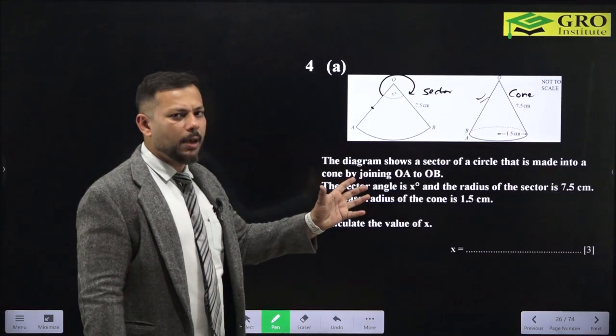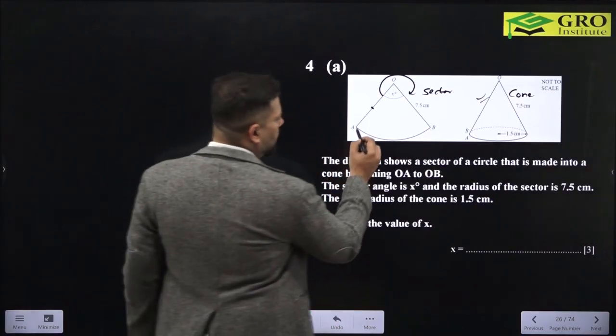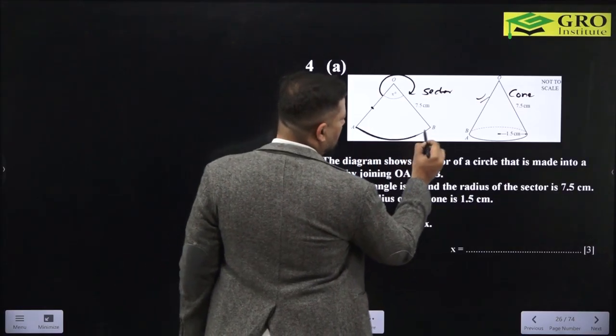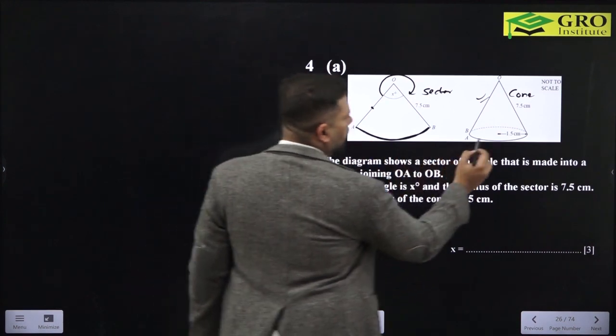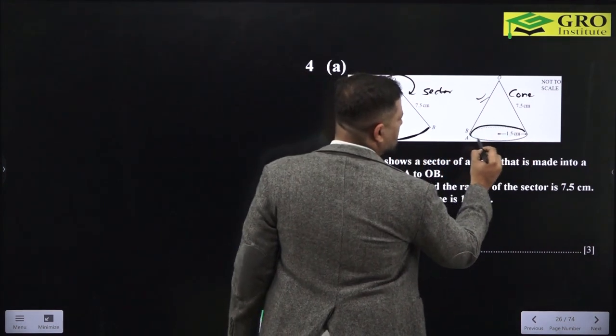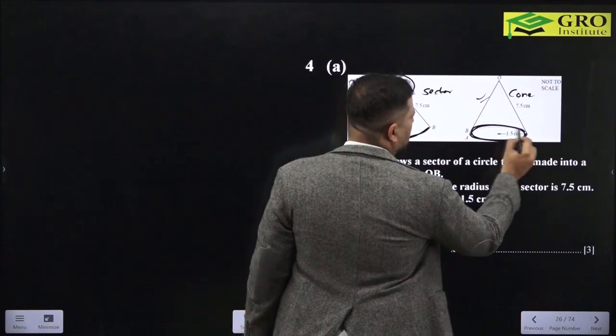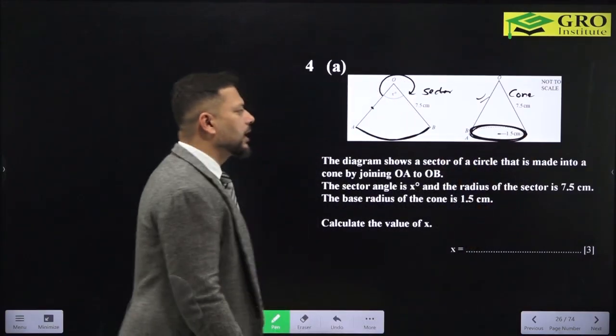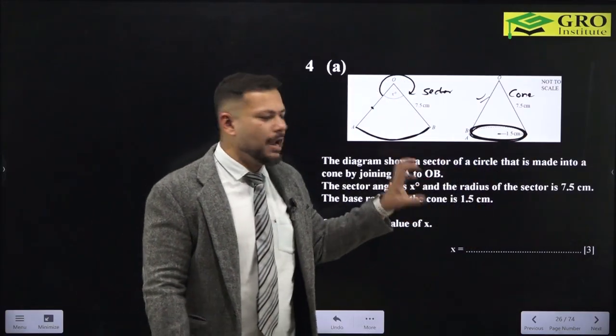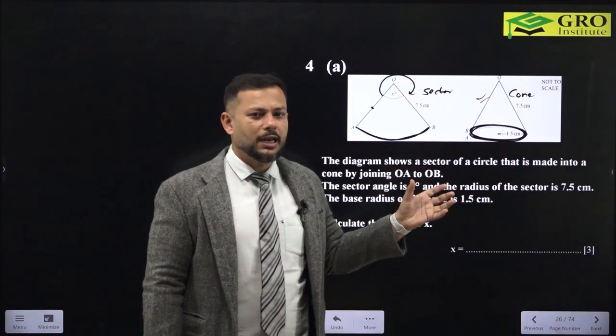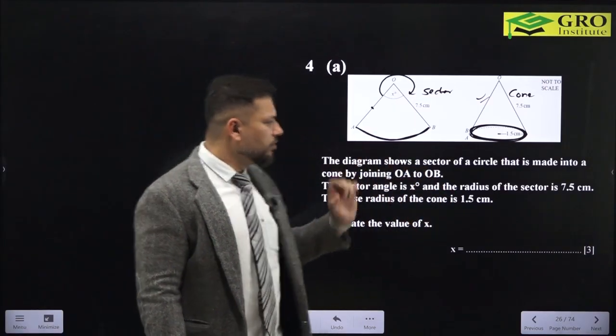So what is going to happen? We see that the length of this arc AB is now converted into the base circle of the cone, isn't it, guys? So that will help us in finding out the remaining missing quantities. So we will take care of that.